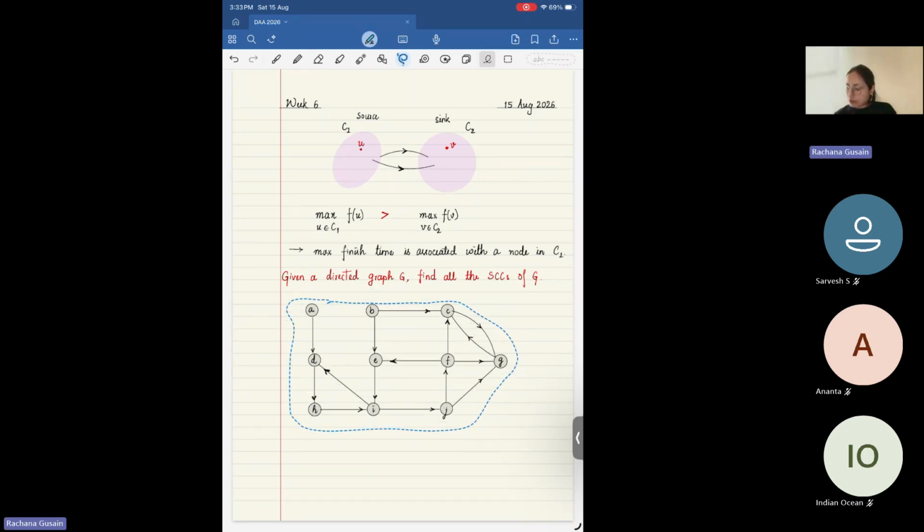Is A a strongly connected component? Yes, A is a strongly connected component. What about B alone?